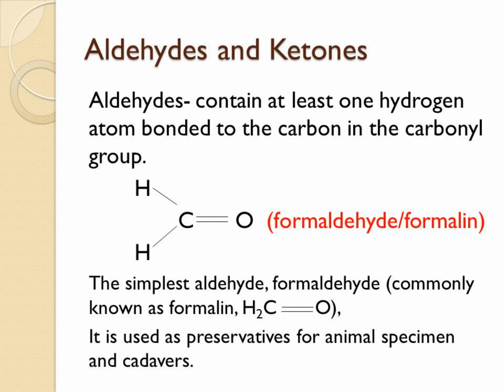We have carbon double bonded to oxygen, and single bonded to hydrogen atoms. This compound is called formaldehyde, commonly known as formalin, which is used as a preservative for animal specimens and cadavers.